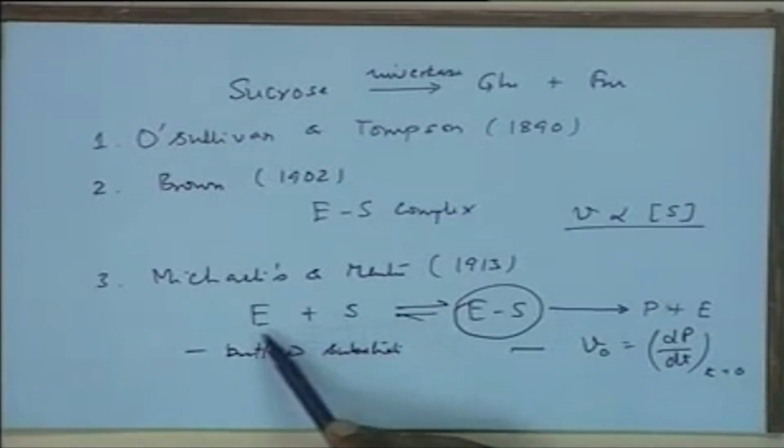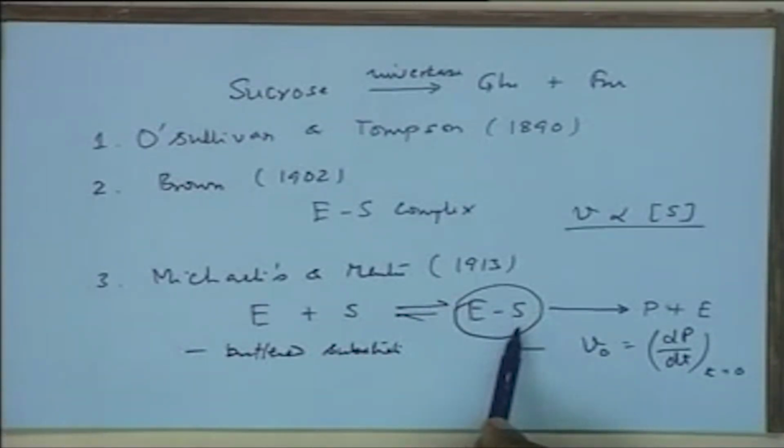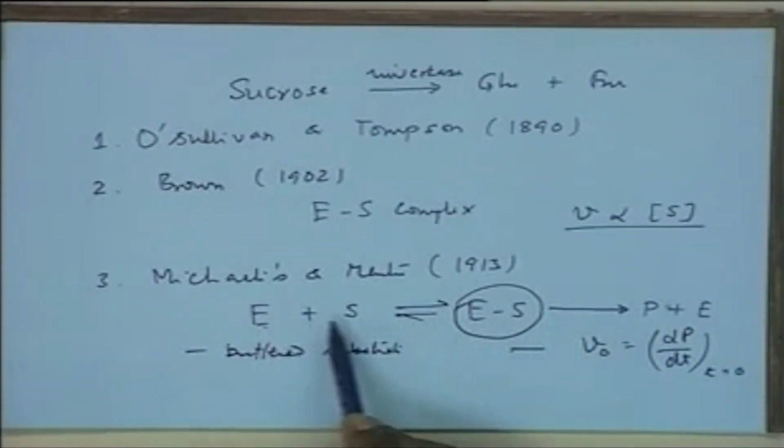And then the fourth thing was, as I mentioned right in the beginning, that he confirmed the concept of enzyme substrate complex. He also mentioned that the interaction between enzyme and substrate to form enzyme substrate complex is in perfect equilibrium. It reaches equilibrium in a very short time, and then the reaction proceeds further to form the product.